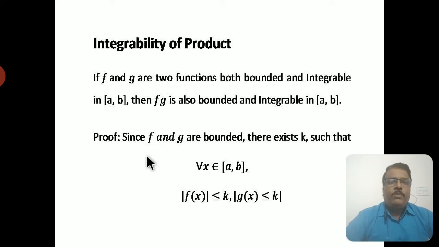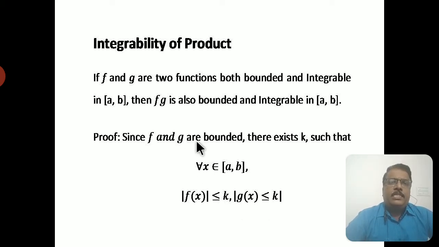Now we prove this. Let us take two functions, f and g, and let these two be bounded and integrable. By the definition of boundedness, if f and g are bounded, then there exists a number k such that for all x belonging to the interval [a, b], the absolute value of f(x) is less than or equal to k.